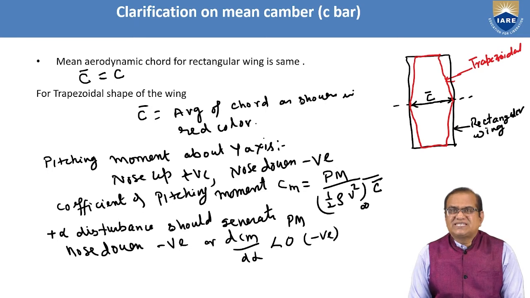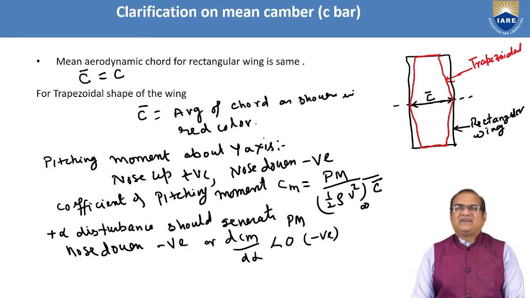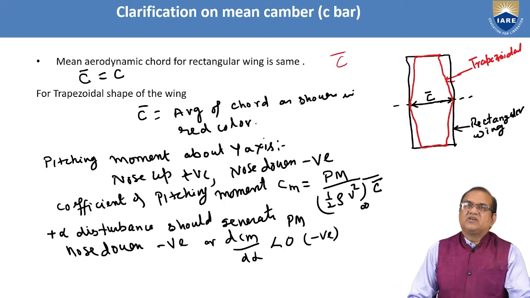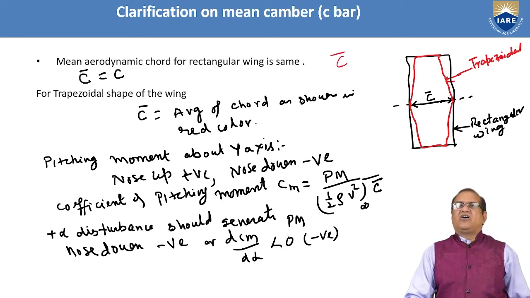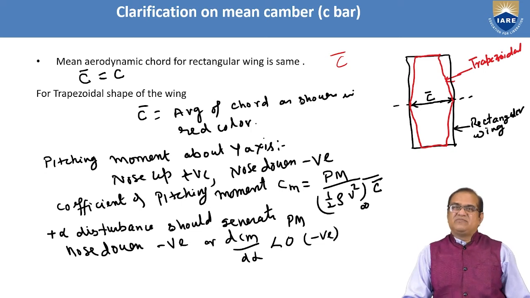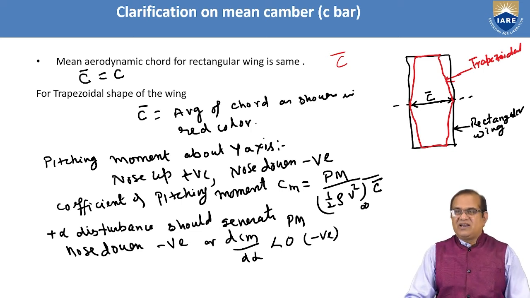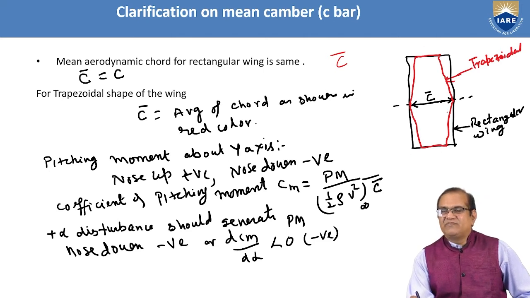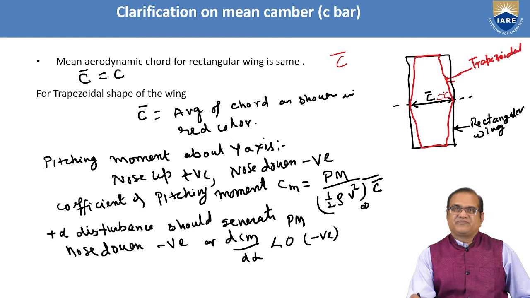Now we have to discuss what the mean chord is. It is always represented as C bar here. So the mean aerodynamic chord for a rectangular wing is the same, so C is equal to C bar. For this black color, it is a rectangular wing in this diagram. So if the wing is given as rectangular, you have to take C, and this C is equal to C bar.